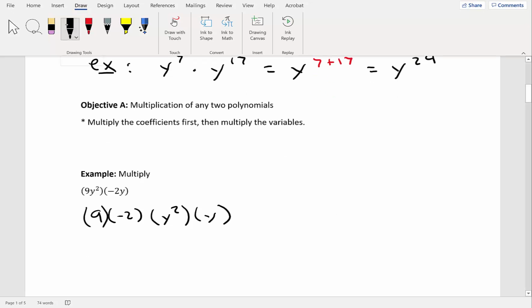Now if we multiply it out, the 9 times negative 2 gives me negative 18. And then y to the second times y gives me y to the third power. So I added the exponents for my variables. I added the 2, and there's really like a 1 right here for my y.